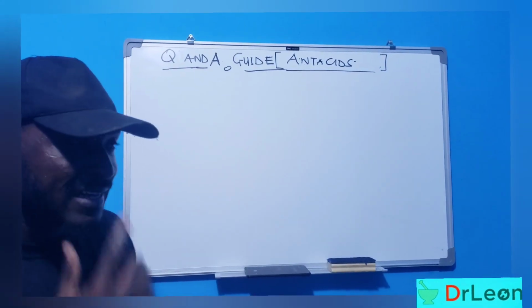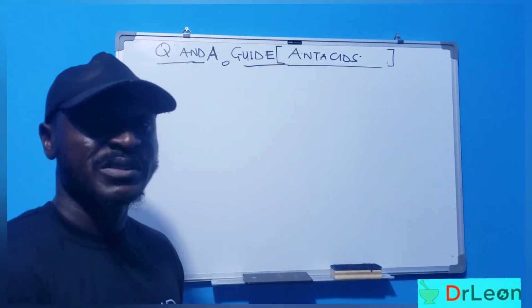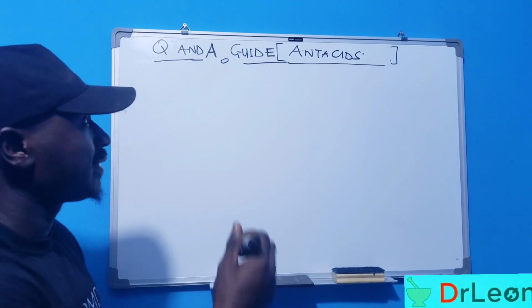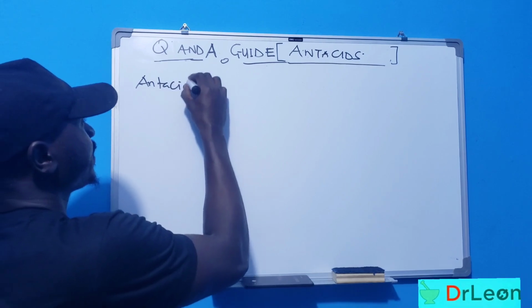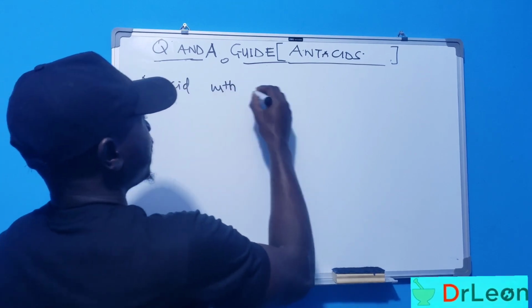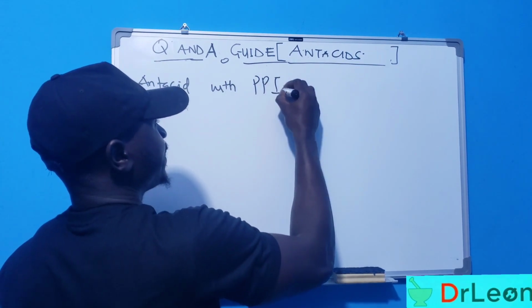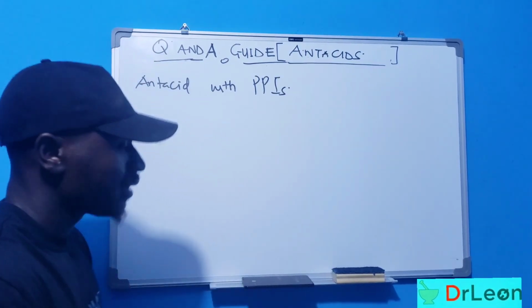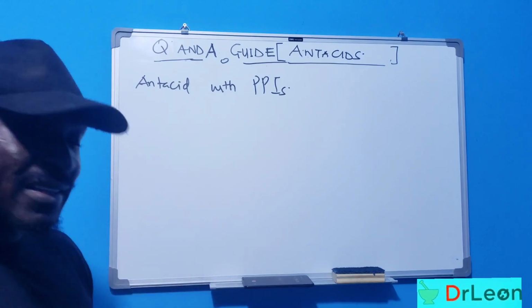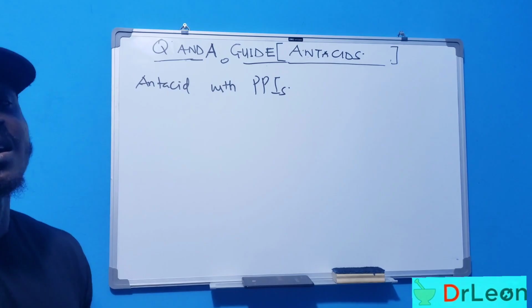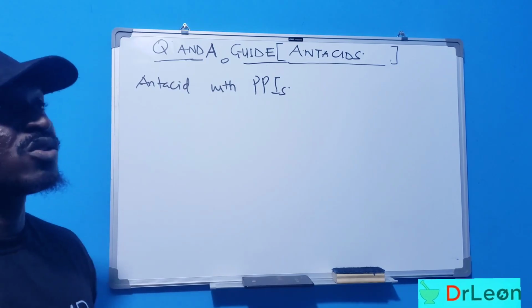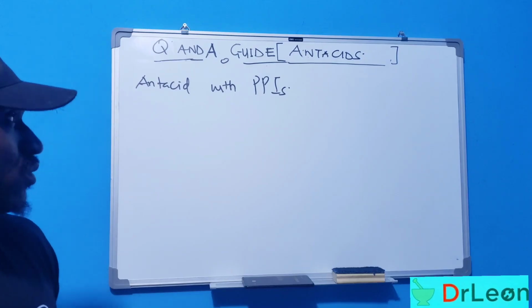The other interaction with medication that we can talk about has to do with antacid with PPIs. So these two are given together, but you have to be mindful of how to give the two together in order to ensure the effectiveness of the two.